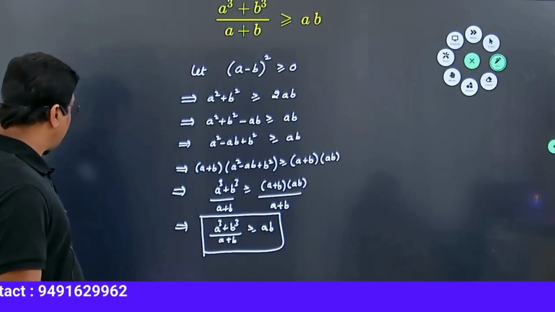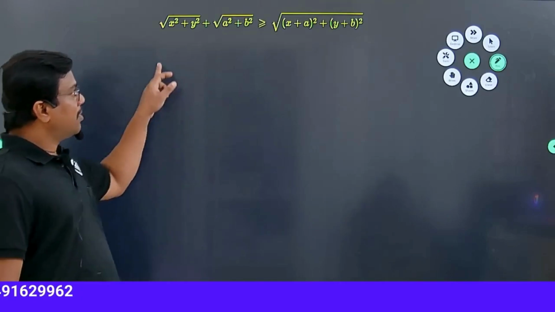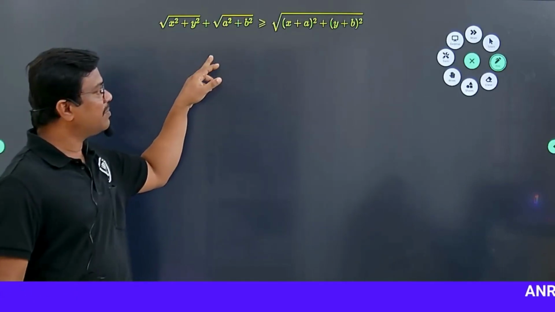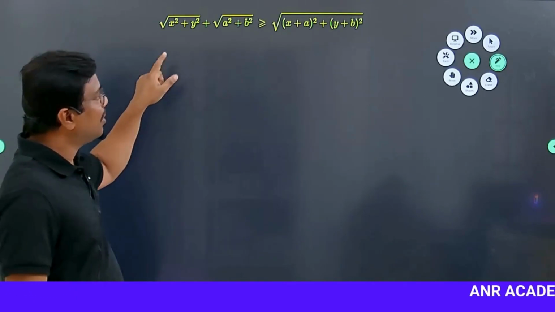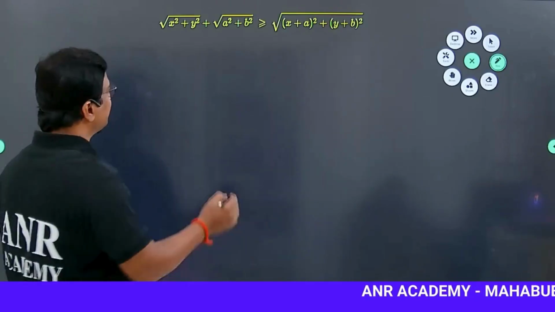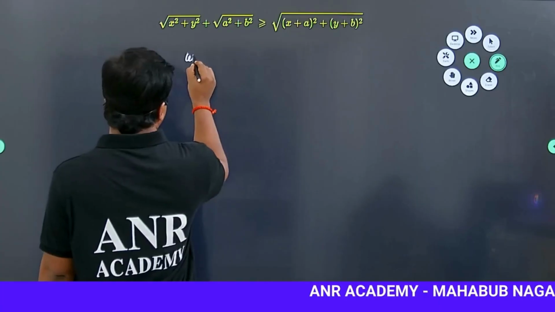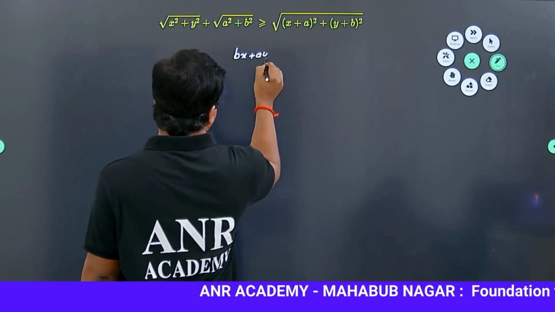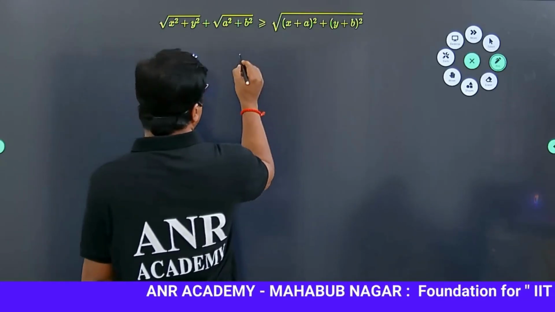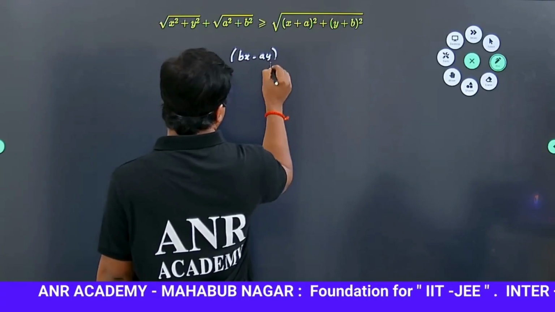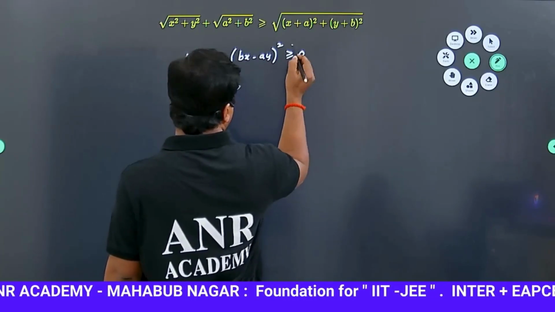Next, see this: root over x² plus y² plus root over a² plus b² is greater than or equal to root over (x + a) whole square plus (y + b) whole square. Let us suppose a square quantity of bx minus ay, which is non-negative.